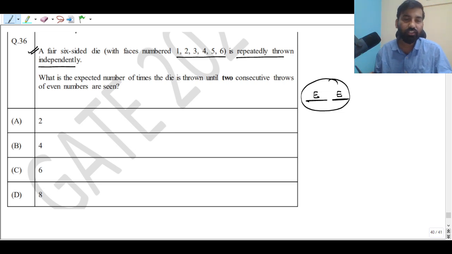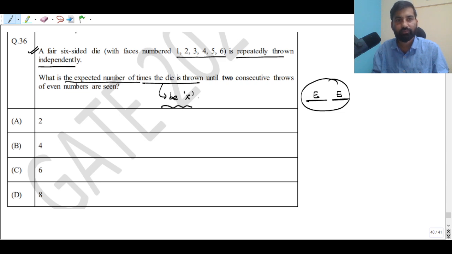So what you can do here is consider the expected number of times the die is thrown as x. Let the expected number of times the die is thrown be x until two consecutive throws of even numbers are seen.